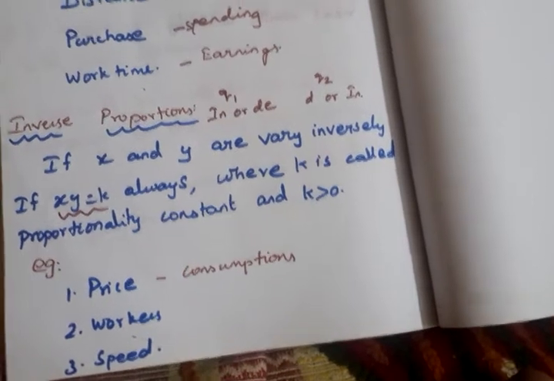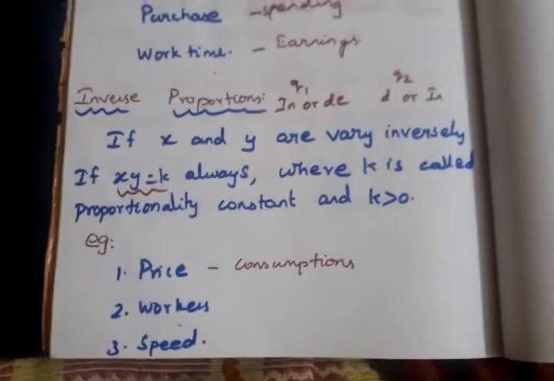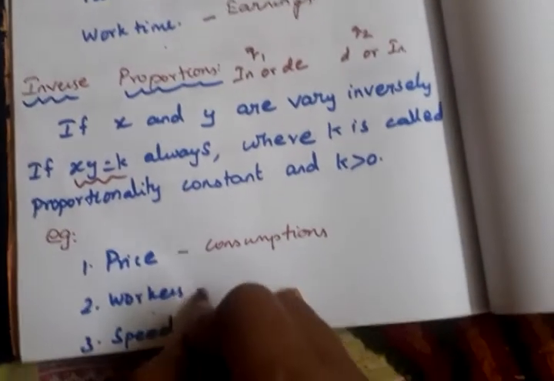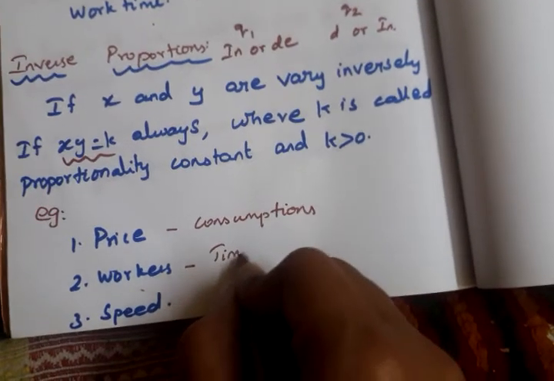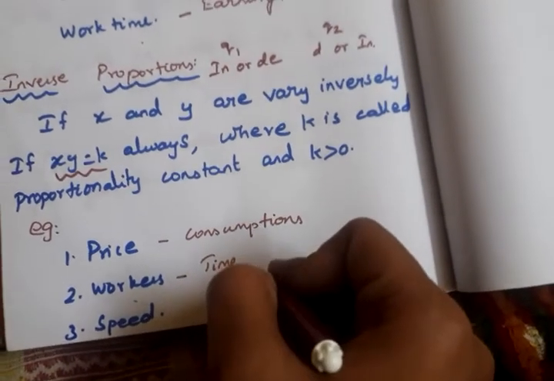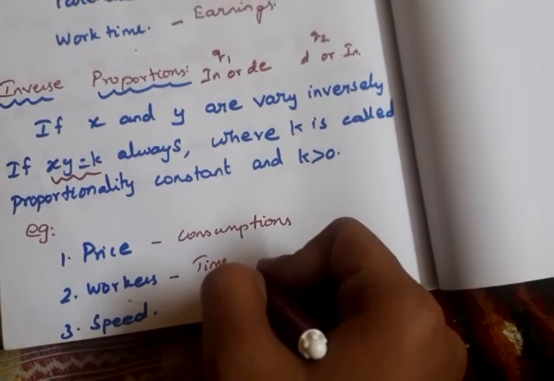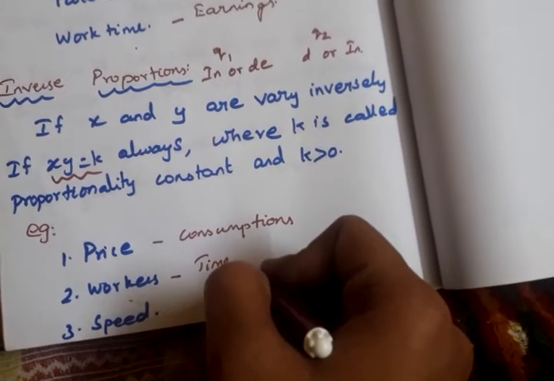Next, workers means time. Already know that workers means time. If more workers are employed to complete the work, then the time taken to complete the work will be less.